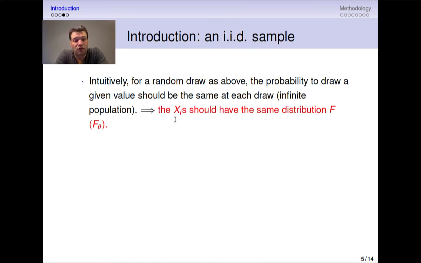And this is the distribution f theta that we presented at the beginning. In a probabilistic world, we study X, which is the height of an individual in the population. Obviously, the distribution of X was f theta.